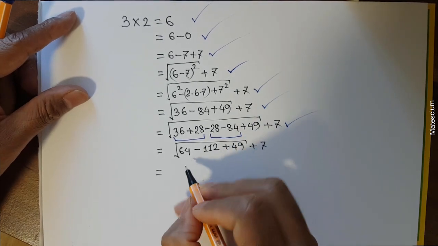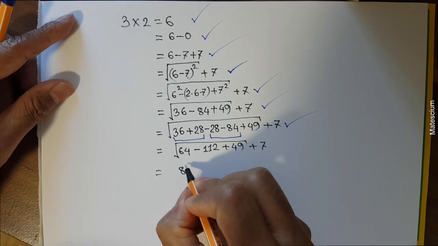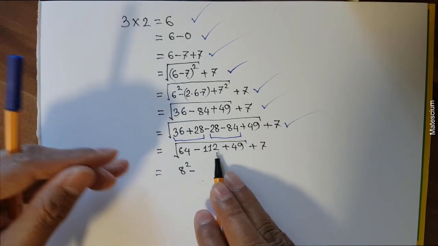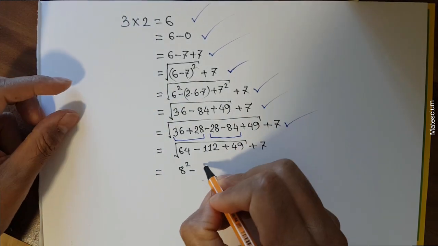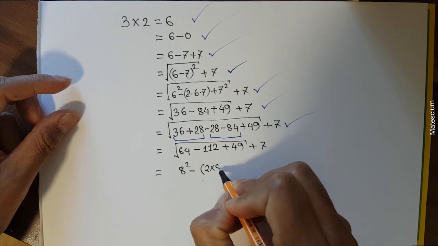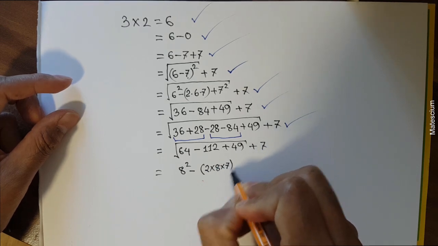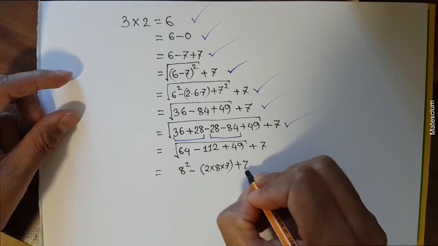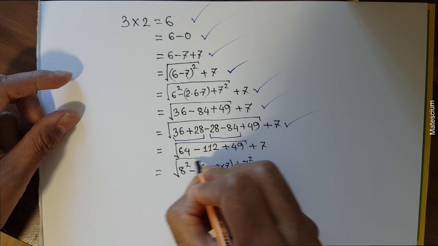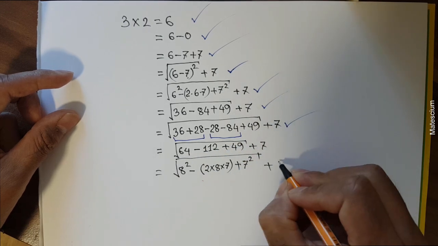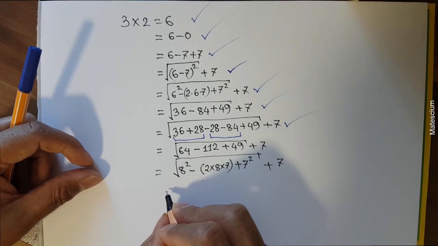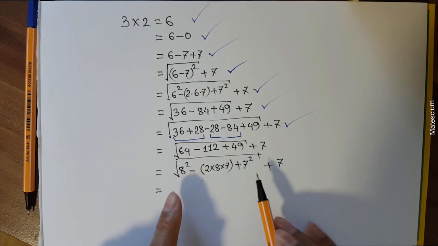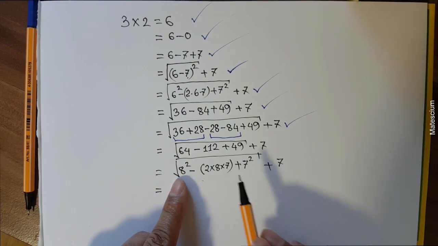Now 64 can be rewritten as 8 squared. Minus 112 can be elaborated this way, 2 times 8 times 7, plus 49 can be rewritten as 7 squared. This square root remains the same, plus 7. And then I can rewrite this part as x minus y whole squared.